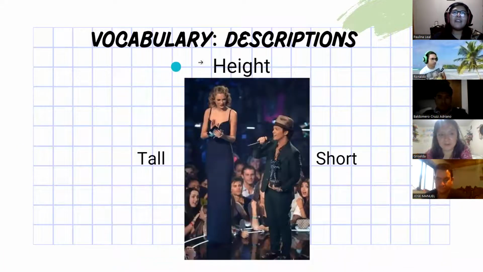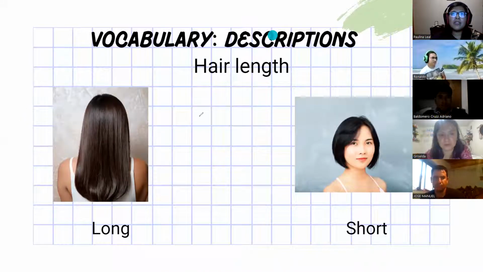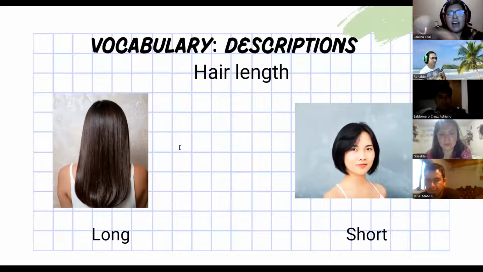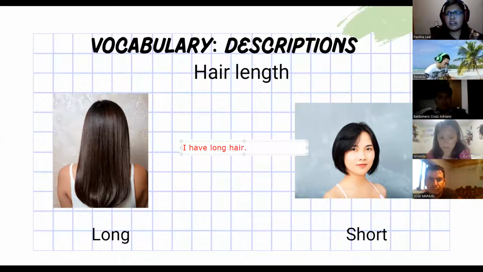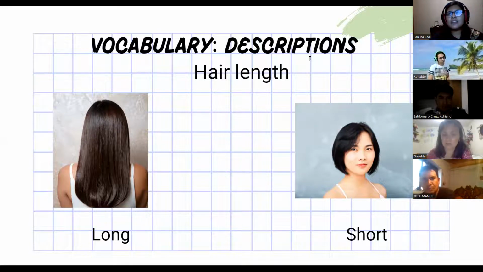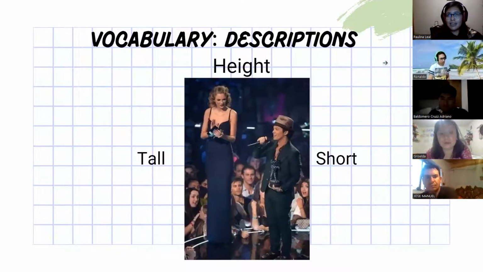Now, I can also talk about height. Oh, and remember, for this one, I'm also going to use has and have. I have long hair. Adrián has short hair. Have and has. Same as all of the other descriptions. Now, another thing I can describe is height.